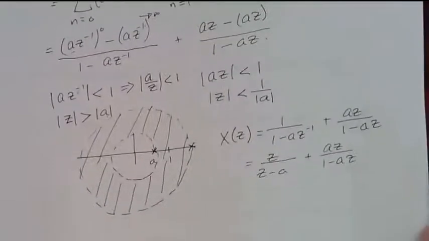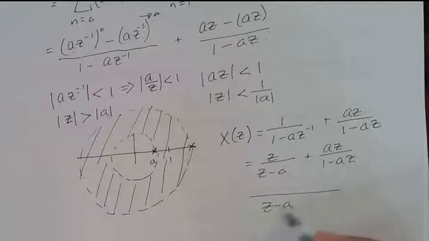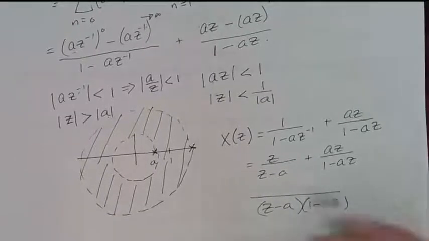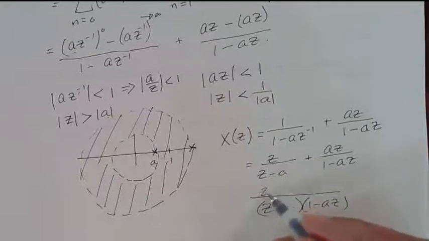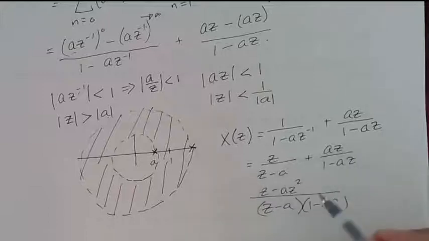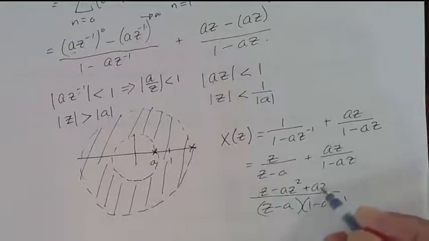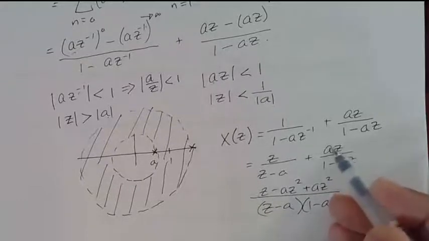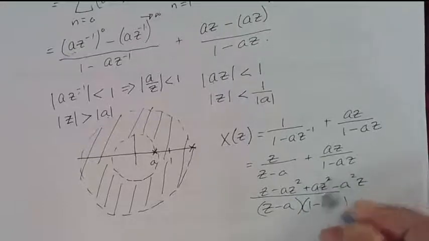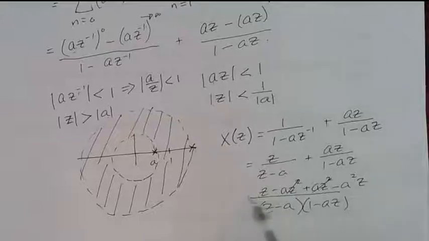And if I put them on the same denominator, I get z minus a times 1 minus a z, and the numerator will be z minus a z squared plus a z squared minus a squared z. Those cancel out.